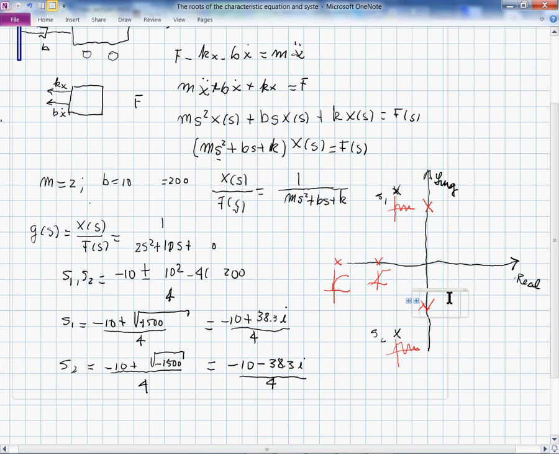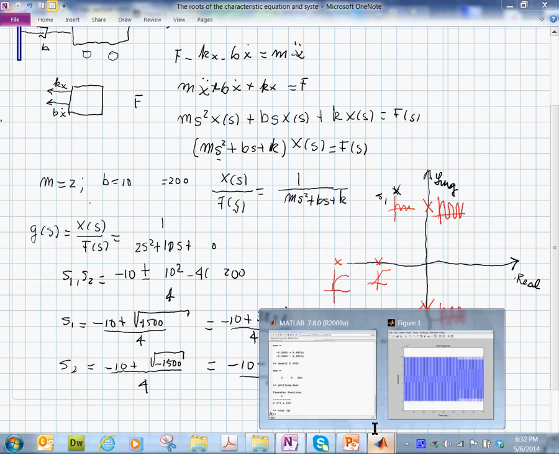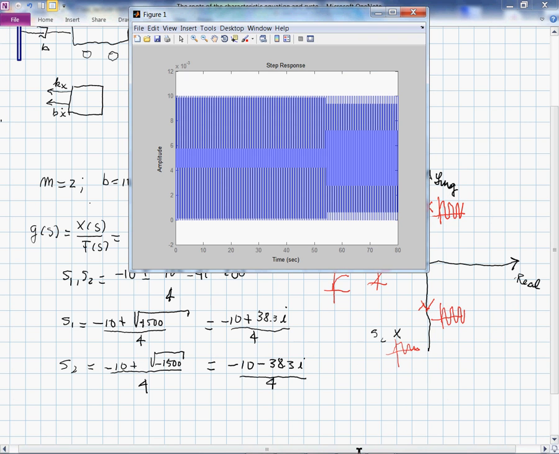So let me just add this to the drawing over here. And so what we are reaching the conclusion is that by knowing where these roots are, we can tell something about how the system behaves. There we go, like that. Now that we have done all these tests, I am going to do yet a different test.